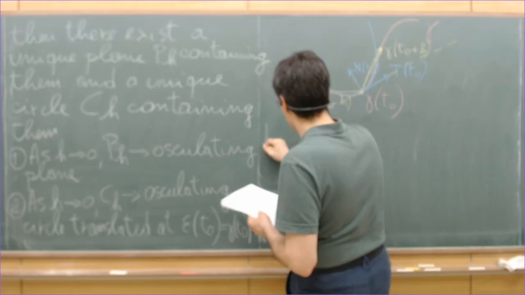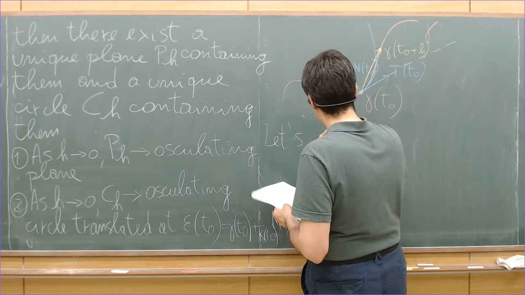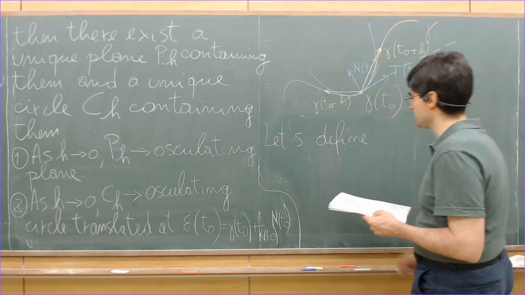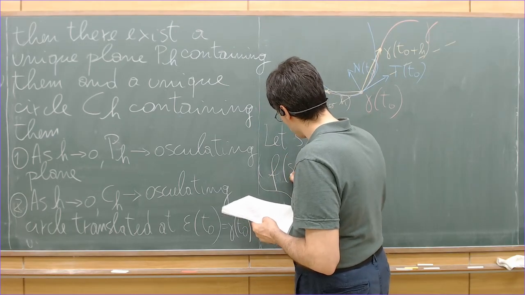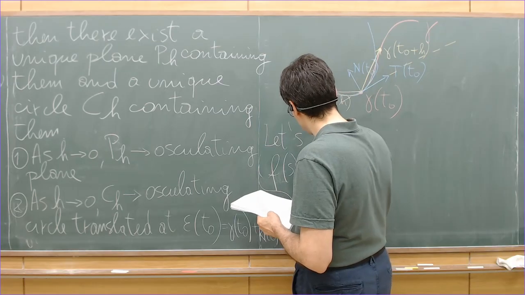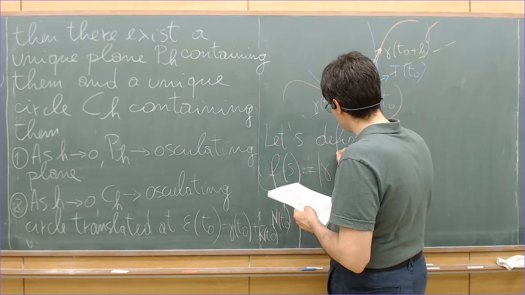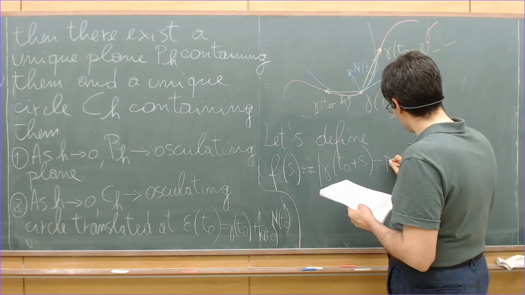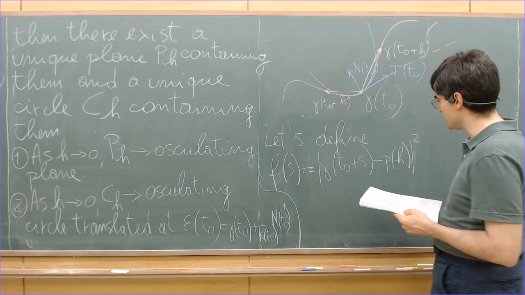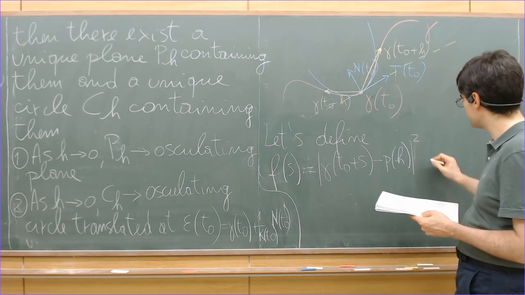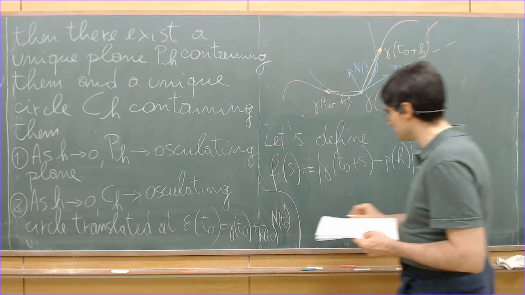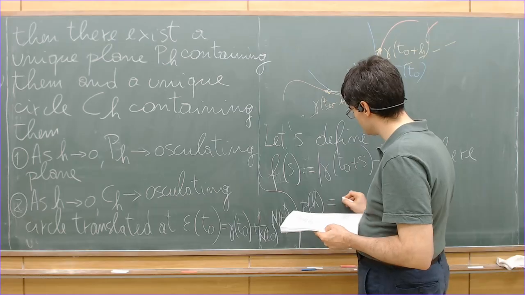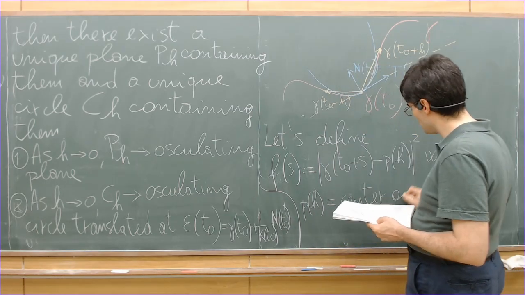Let's define f of s to be the function given by this formula: the squared length of gamma t0 plus s minus pH, where pH is the center of CH.